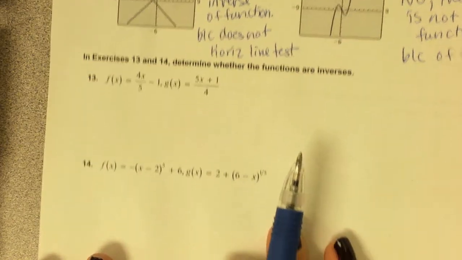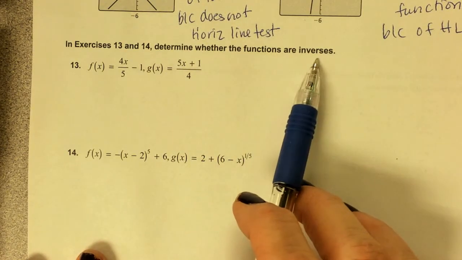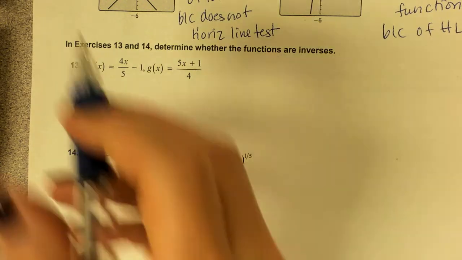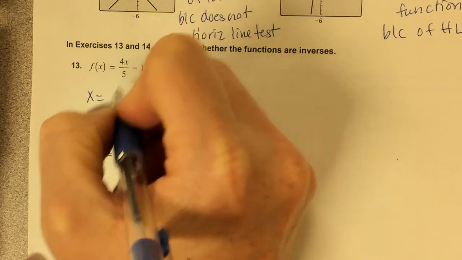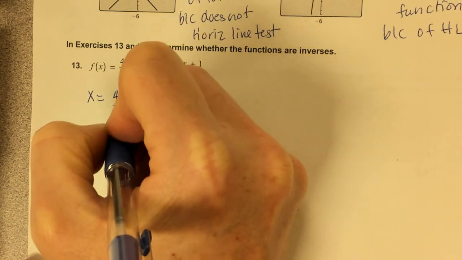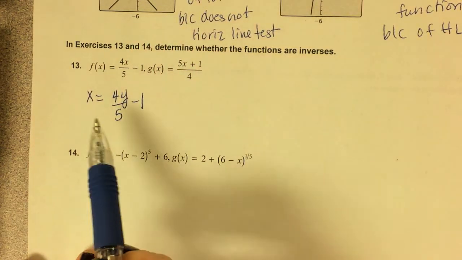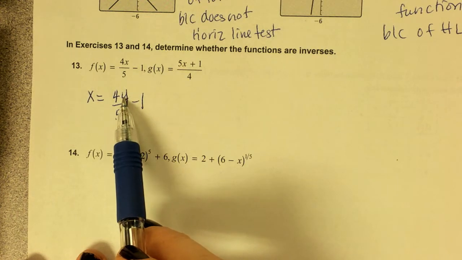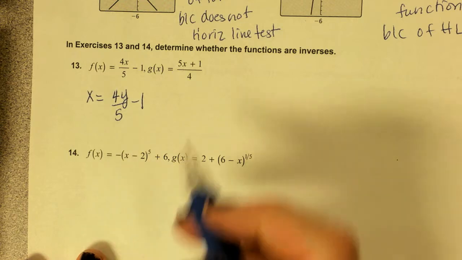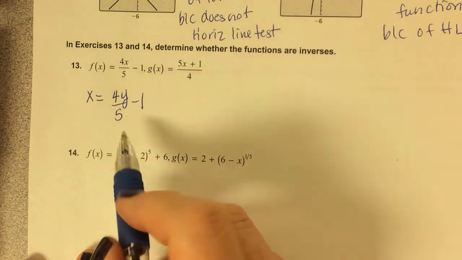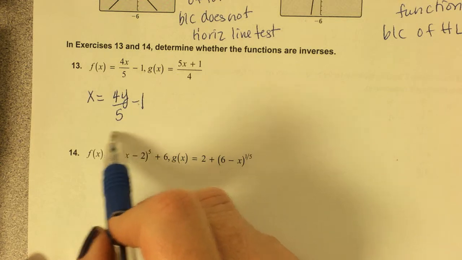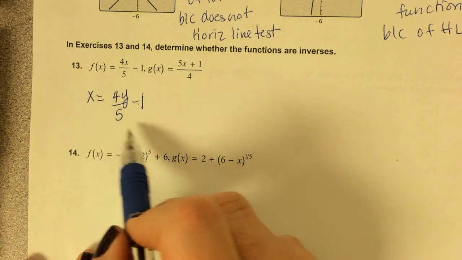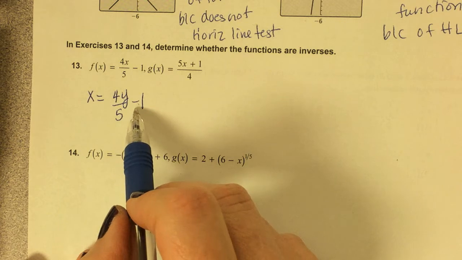All right, down here at the bottom, it says determine whether the functions are inverses. Well, I'm just going to find the inverse. So to find the inverse, x becomes y, y becomes x. And we have to solve this for the new y. So what do we do first, Becky? Trying to get y by itself, we need to get rid of the -1.